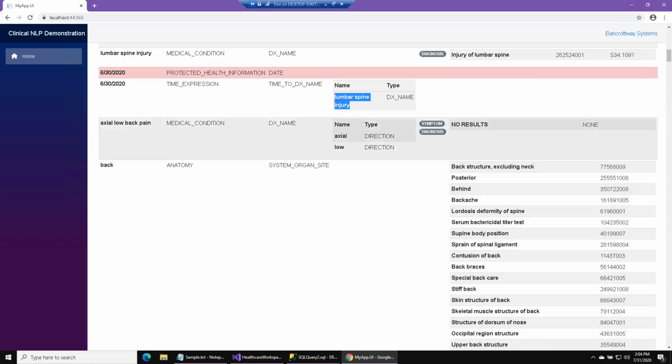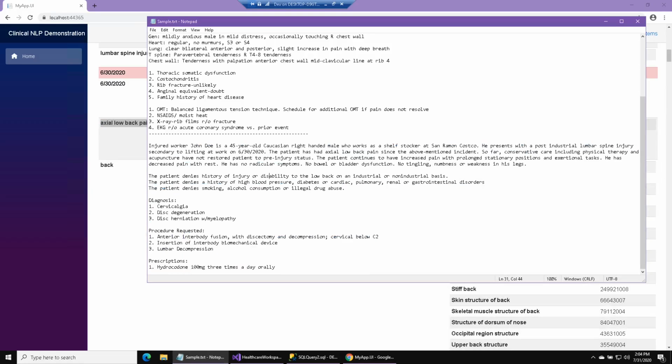For example, here we have figured out that the axial low back pain is a diagnosis that the clinician is agreeing with. Let's see the text. The clinician is saying the patient has had axial low back pain since the above mentioned incident.